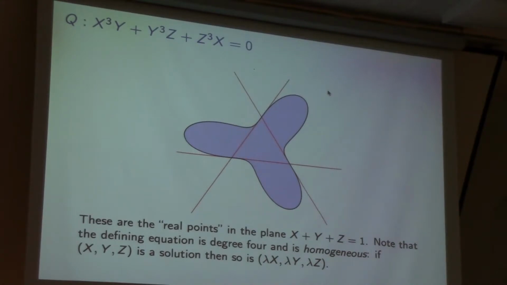So what's going on? This equation has many solutions. It's homogeneous. In other words, if x, y, z is a solution, then so is any multiple. If x, y, z is a solution, then I can scale it up and get another solution. And that's sufficiently important. Let me just write it on the board. Can everyone see over here?